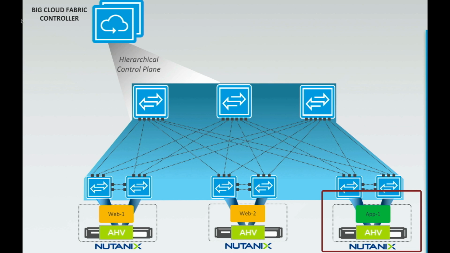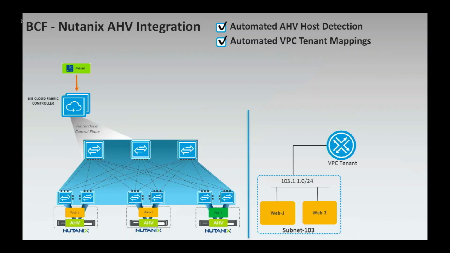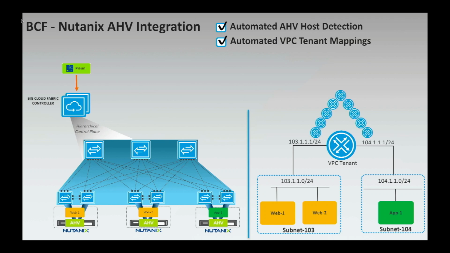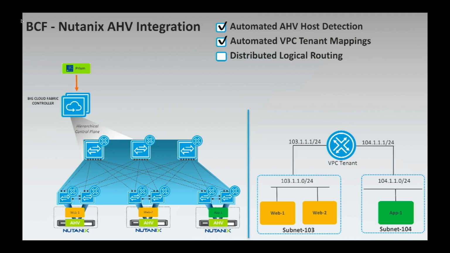But in Big Cloud Fabric, it's completely baked into the whole VPC workflow itself. We will create a different segment for you. We will automatically create those CVI interfaces and program the distributed routing across all the switches and all the racks. That's what I'm going to show you.